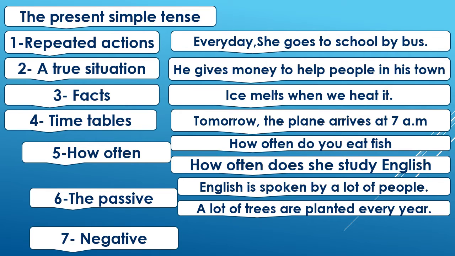The main sentence: a lot of people speak English. Now we change it into passive. English is spoken. Is spoken is past participle.